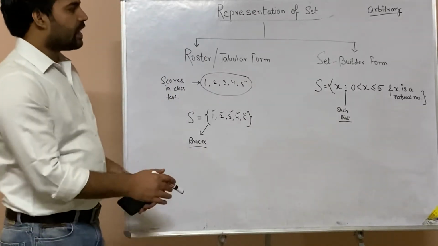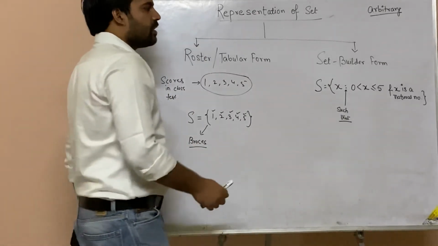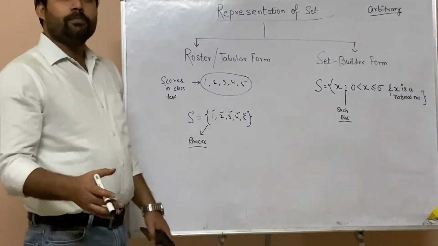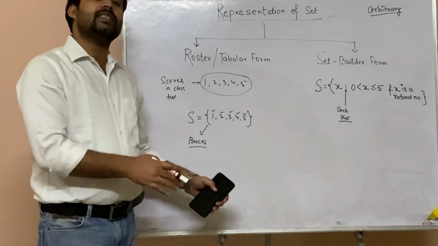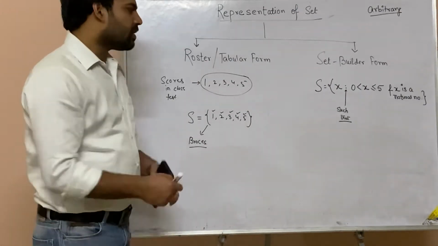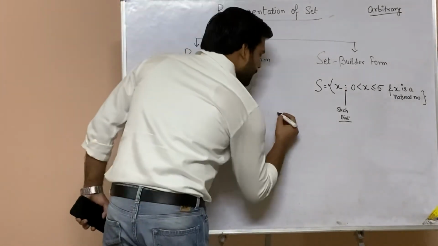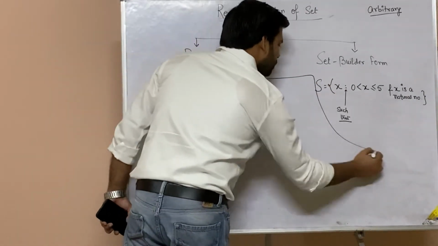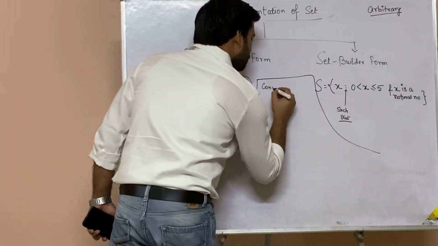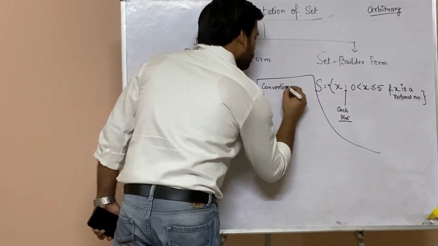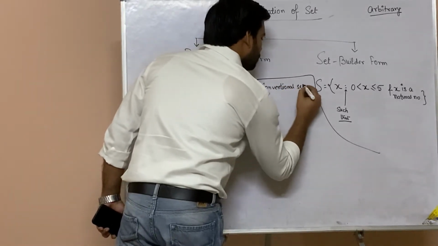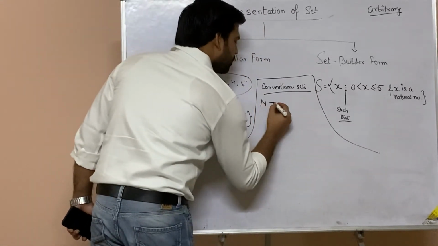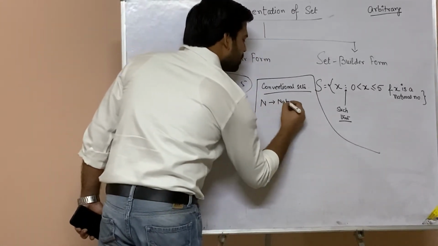Okay. Before that, let us understand one thing, that this is a natural number, whole number, integer. These kinds of numbers, we have conventionally defined these sets already. Now these are some conventional sets, so I am writing down those conventional sets over here. Now these conventional sets are what? N representing natural numbers.